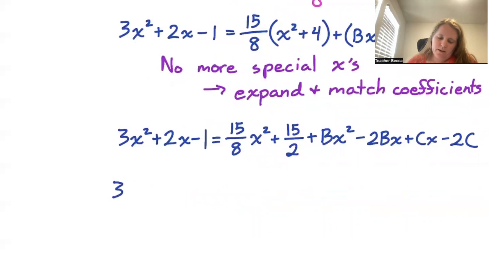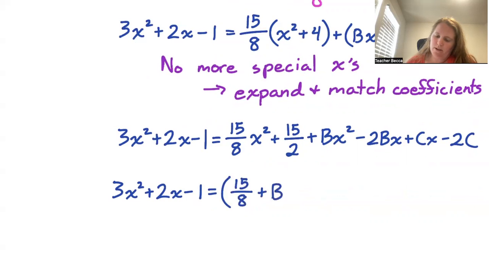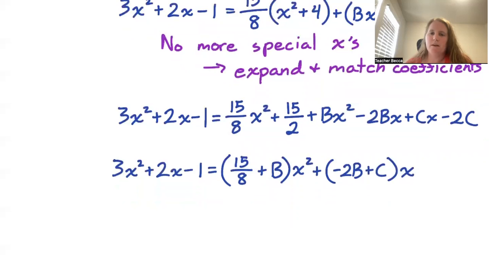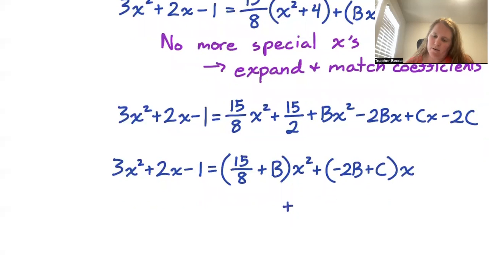So this is 3x squared plus 2x minus 1 is equal to, we have a 15/8 plus b times x squared. Then we have negative 2b plus c times x. And finally, we have 15/2 minus 2c as our constant.